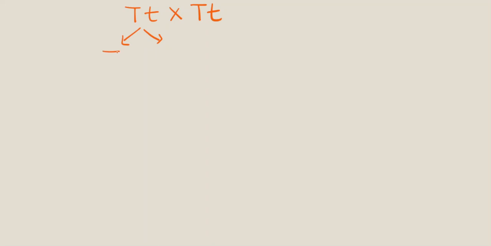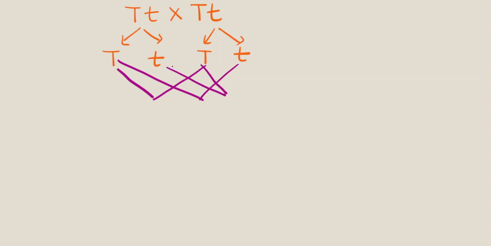So this capital T will separate, small t will separate, and again here capital T will separate, small t will separate. As I had taught how to cross, how to take the possibility, same way I have to do 1 with 3, 1 with 4, 2 with 3, and 2 with 4. You have to show the arrows.